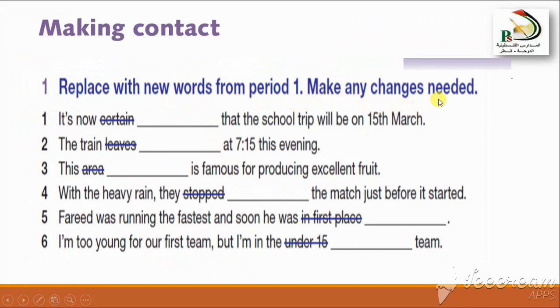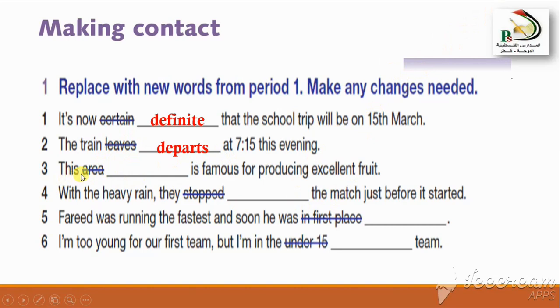Make any changes needed. It's now certain. You remember certain? I showed you, 100% confirmed. Yes, definite. The train leaves. You remember the monkey who was leaving? Departs.